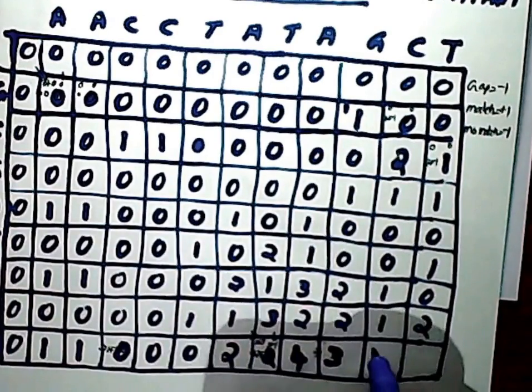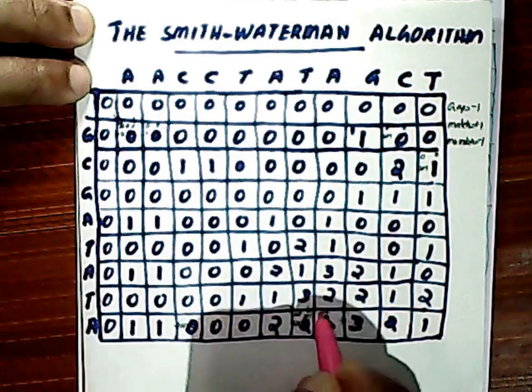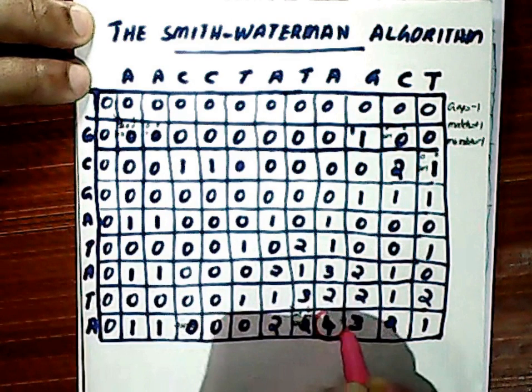Once the table is completed in this manner, we find the maximum partial alignment score in the entire table, which is 4 here. The maximal value in the partial alignment score table is 4 here.